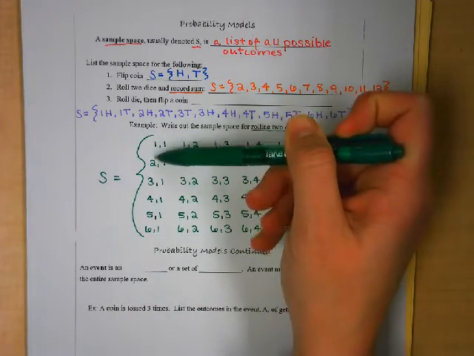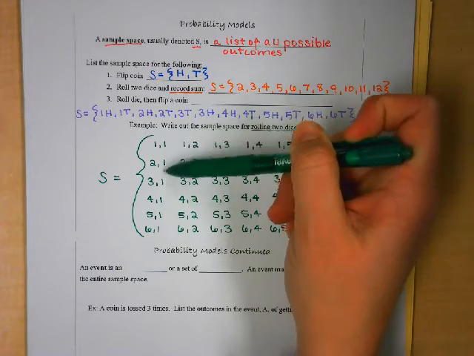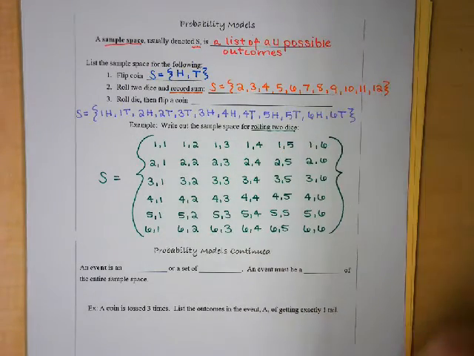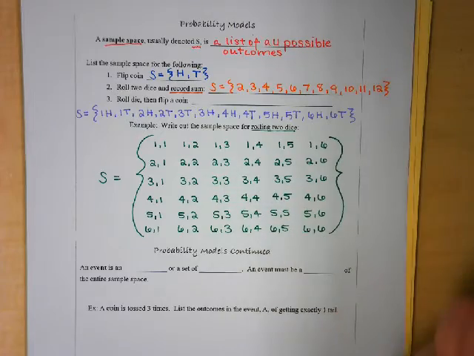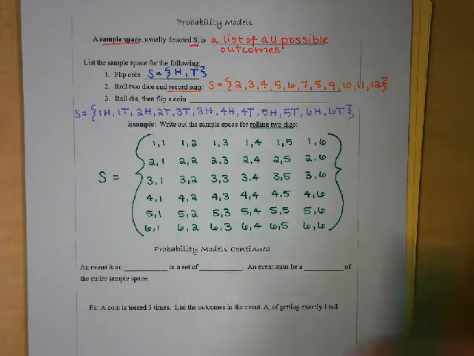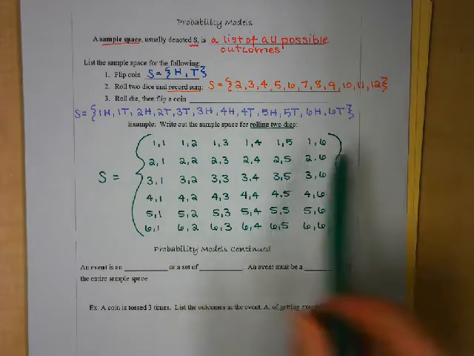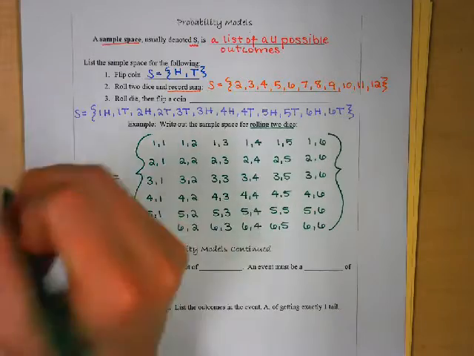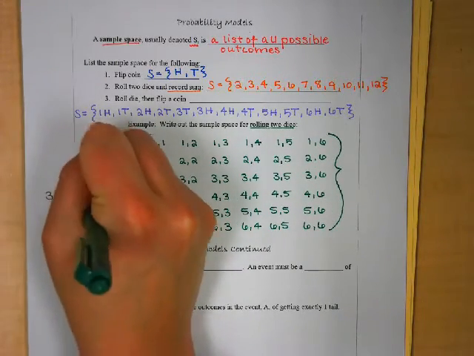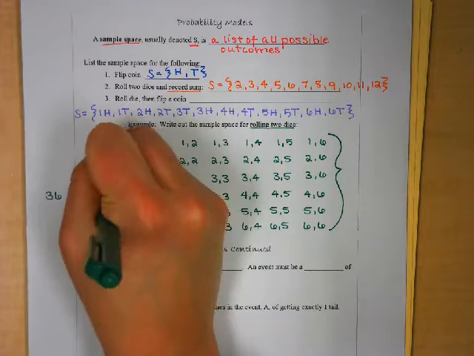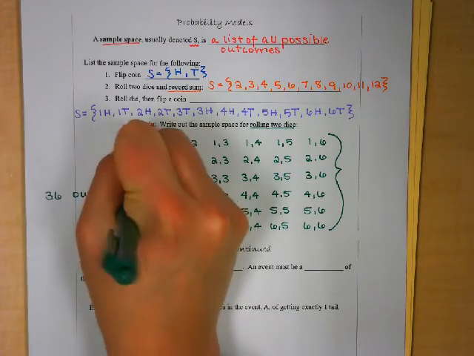So notice the first die changes, but the second die stays the same. So I am able to see that I have all the different possible outcomes. And there are 6 across the top, 6 going down, which means that I have 36 total outcomes that are possible when I roll 2 dice.